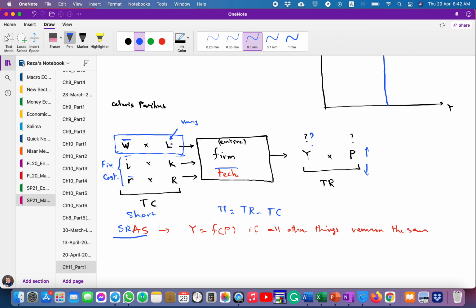The only thing that may vary is this, but we assume that the wage is not going to change. That is very sticky, it's sticky wages. Because we are not going to go too much into the labor market for the time being, we say that ceteris paribus means that the wages are fixed.